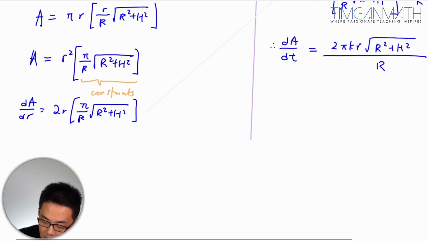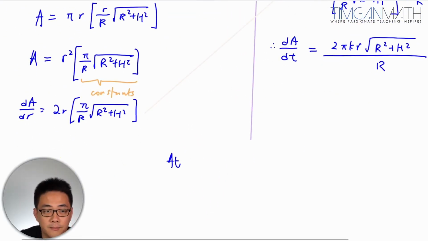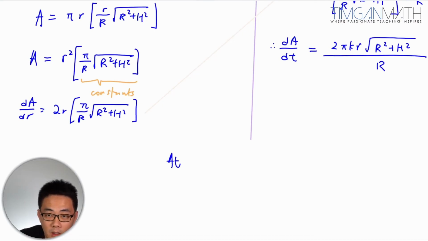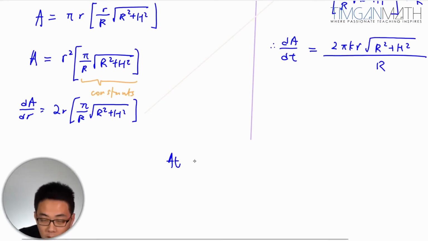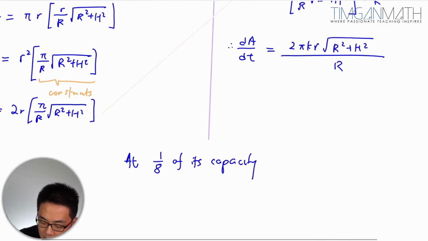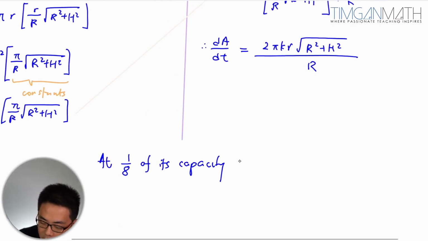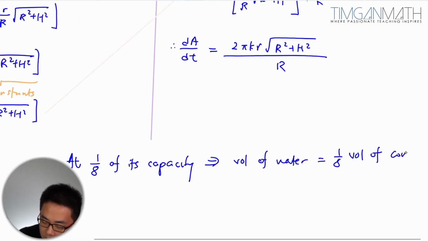So this is what you write at 1/8 of its capacity. We know that the volume of water is 1/8 of the volume of the cone. Okay, so that's the main thing.